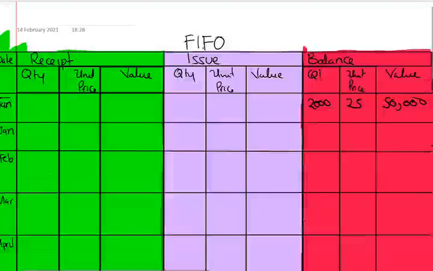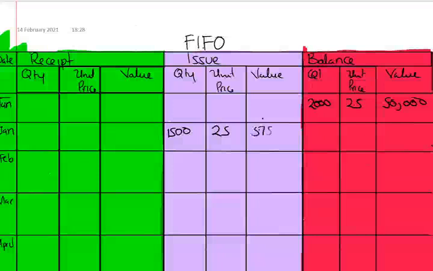So we're saying on January, they actually sold 1,500 because in our stock, all the inventory is being valued at the same price. So we're saying 1,500 will be valued at 25. The value that we should find after the selling of those amounts should be 37,500.